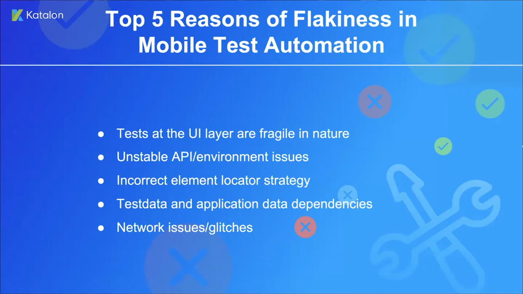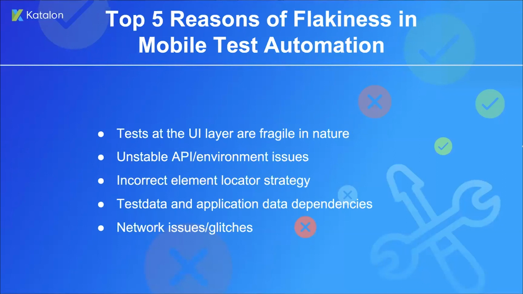And a third reason is incorrect element locator strategy. This is a technical problem in a sense, because choosing the correct locator strategy has always been the most important part of automated testing, especially at the UI level and less so at the API level.